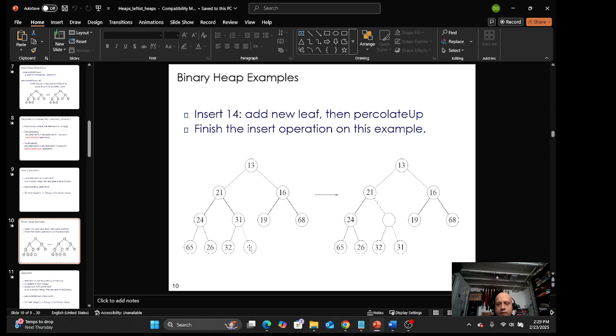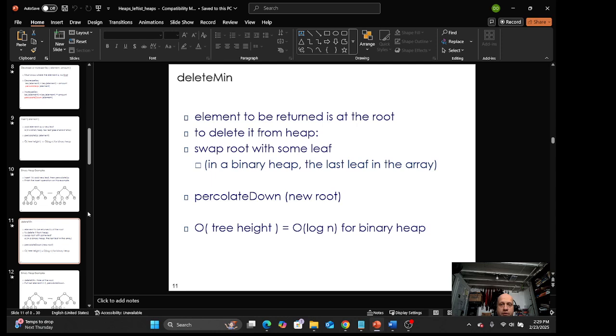So you would insert 14 in the empty circle here, and then exchange with 31, and then exchange with 21, and as a min, I believe this was a min heap, I would then be done there. That's how I make the operations.